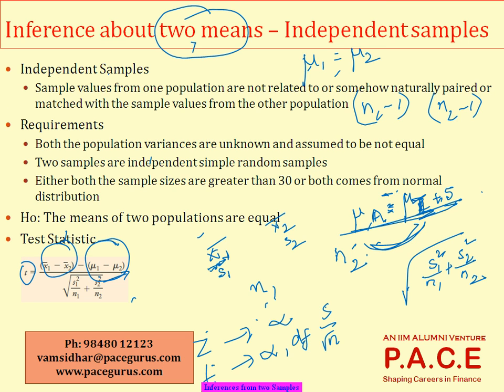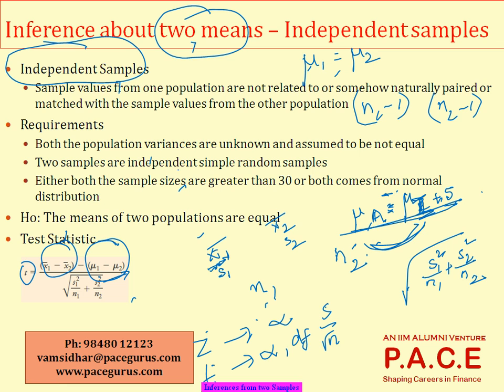The concept is still the same, but in this case a few things need to be met. The samples should be completely independent, right? There should not be scenarios like before and after. Here Americans and Indians are two different populations altogether, so the samples are completely independent.